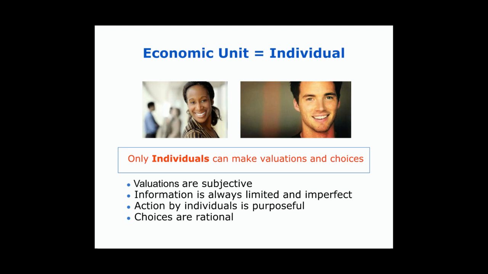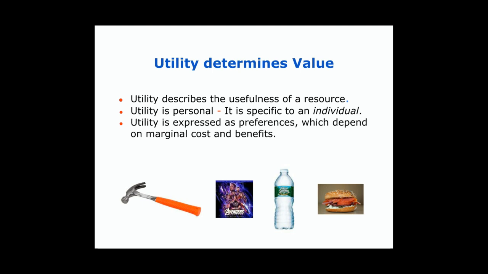They're purposeful. And lastly, their choices are rational. Now be careful. Rational does not mean their choices are good or smart or wise or even correct. It just means that humans, when they're going about their choices, are using a logical process to try to pick the best means to achieve particular ends. And so we know that value is determined by utility. When we're making a choice, we're trying to maximize our utility.